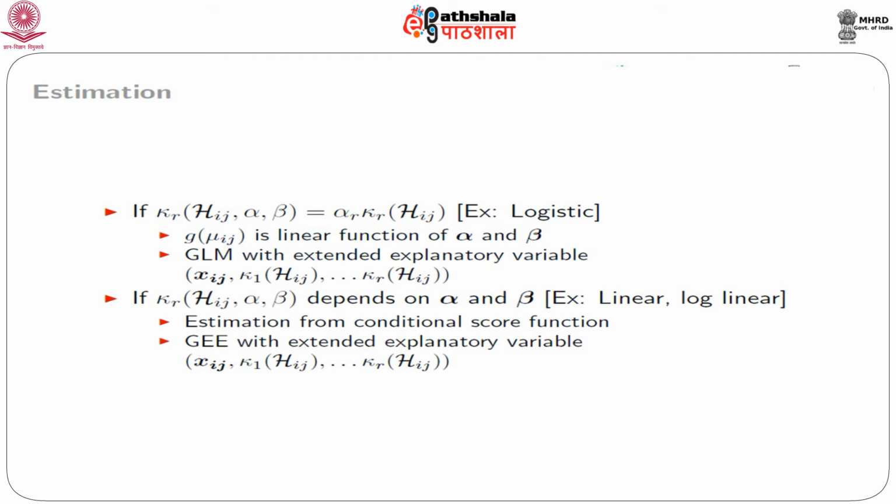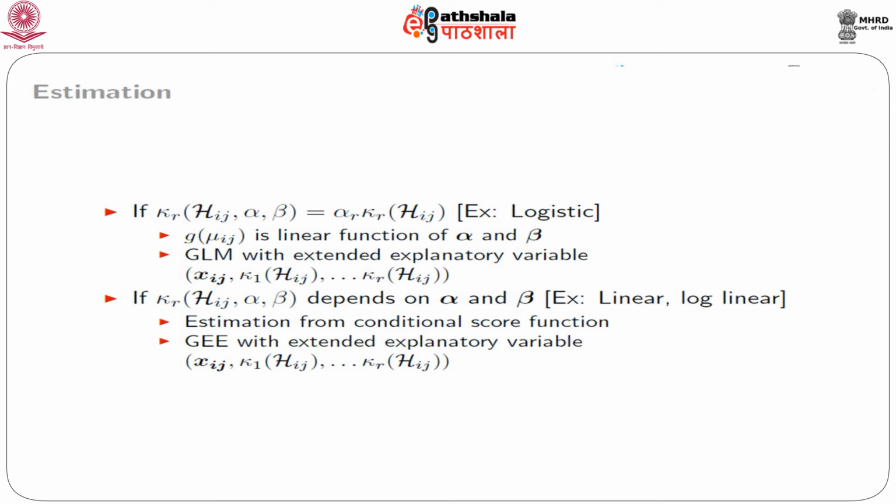Now, kappa_r(eta_ij, alpha, beta) is alpha_r times kappa_r(eta_ij). If this is the structure, then g of mu_ij is a linear function of both alpha and beta. So the estimation here is similar to GLM, but we consider an extended set of explanatory variables, because the betas are from the x_ij's and the alphas come from kappa_1 and kappa_2 up to kappa_s.